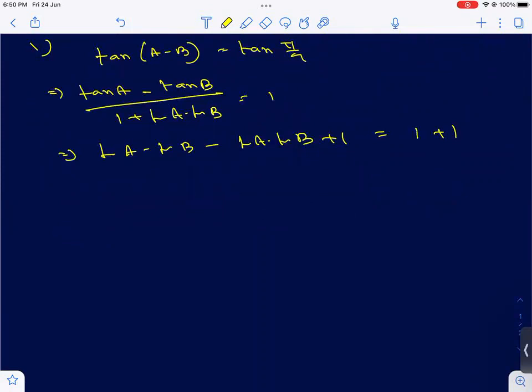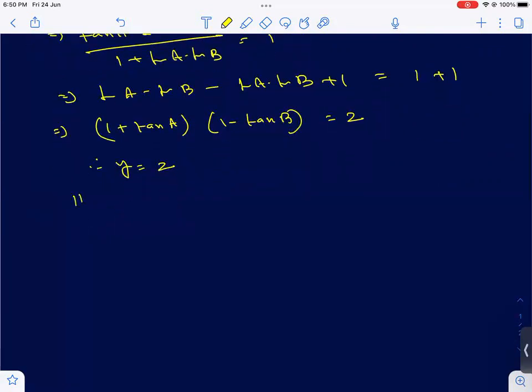Therefore, we are getting here, if we simplify with factorization, first and third and second and fourth, we are getting (1 plus tan A) into (1 minus tan B) equal to 2. According to the question, this is y. Therefore, y equal to 2.